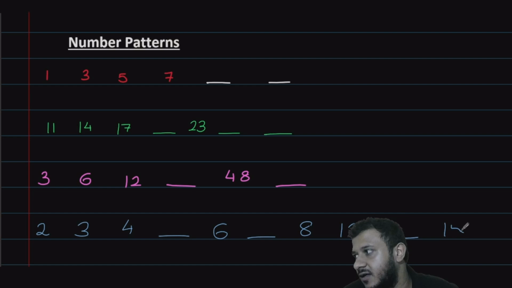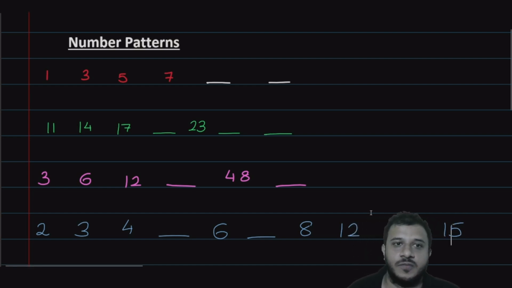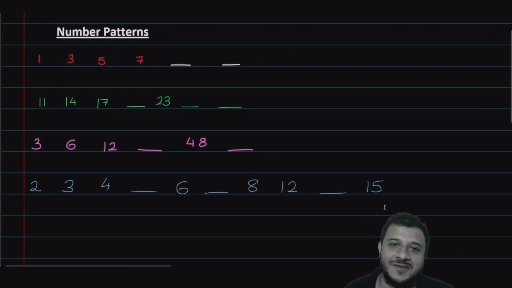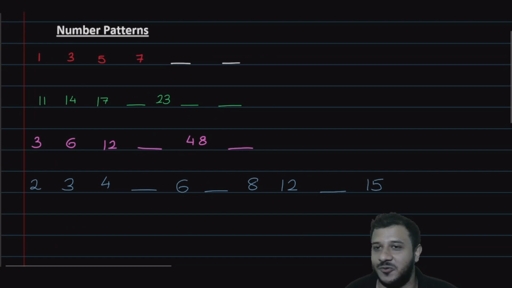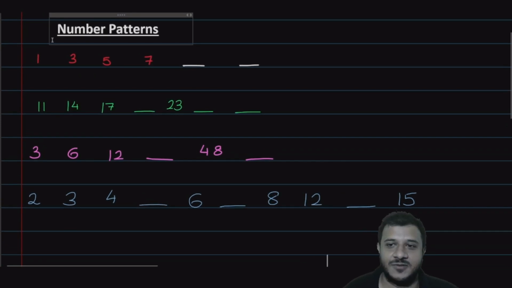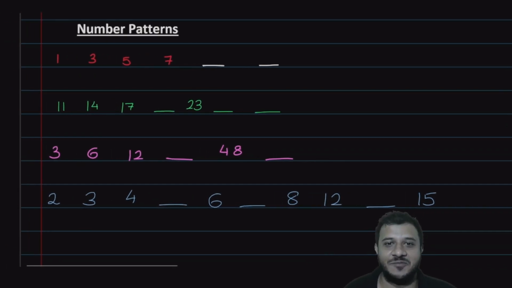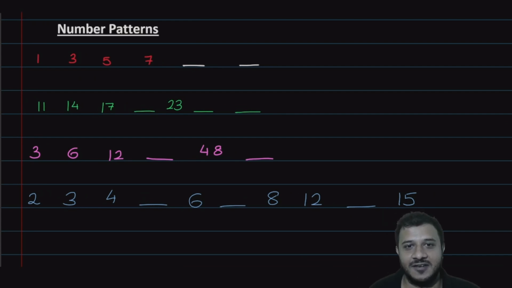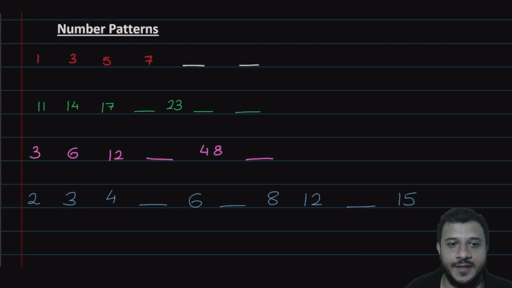Here we go. These are the number patterns today. This is something I give to every single student when they go to grade 8. So that's why I gave it to you straight away. Every grade 8 first class I'm giving these questions to the students. Give your best try. Find out the answers, and if you know it, put it in the chat.